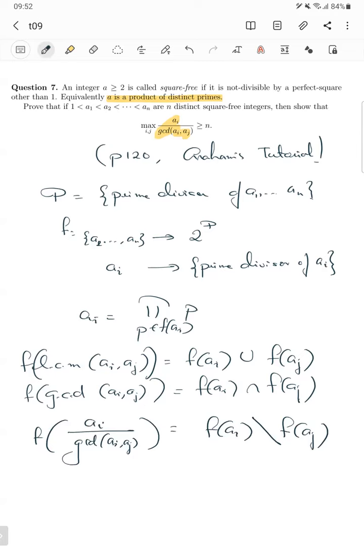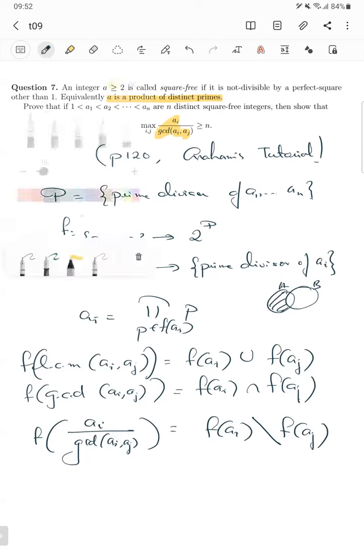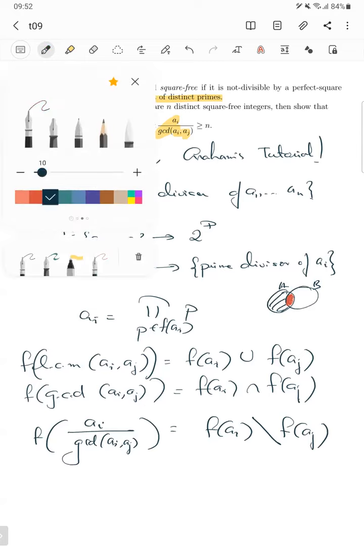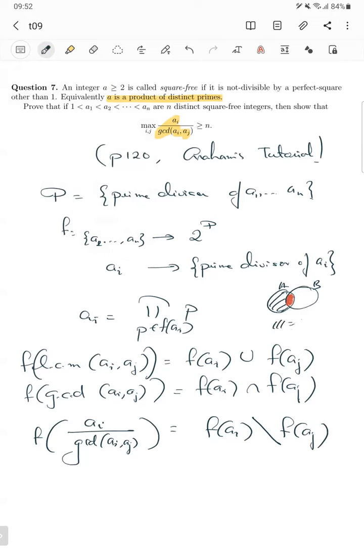In a set difference, when you are taking some set A minus set B, you are only deleting this red area, and the shaded area is equal to A minus B. So this is f of a_i minus f of a_j.